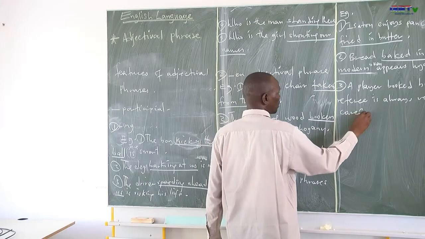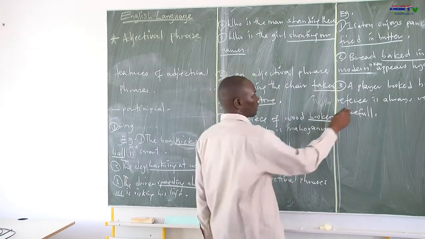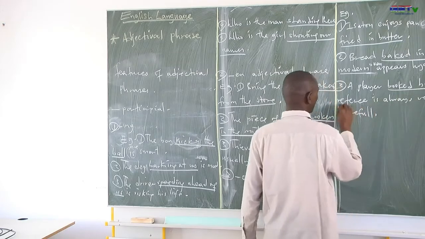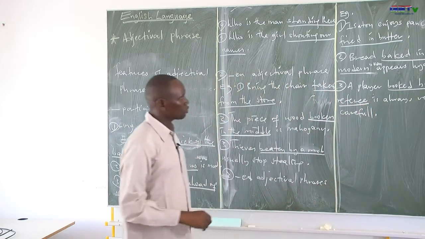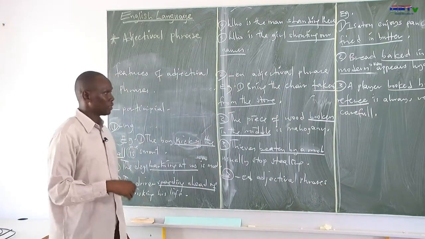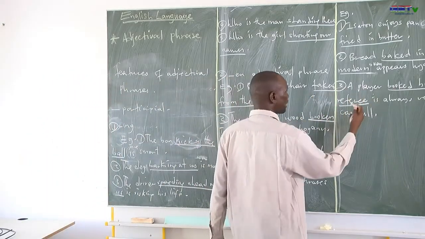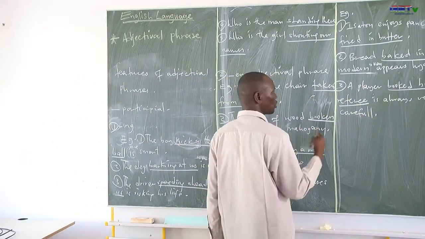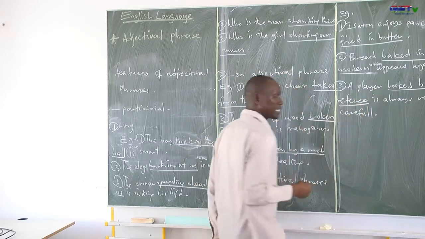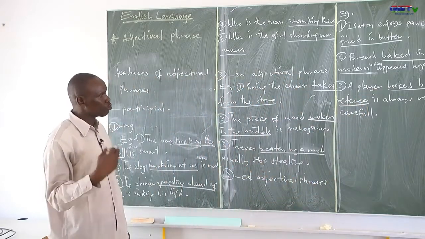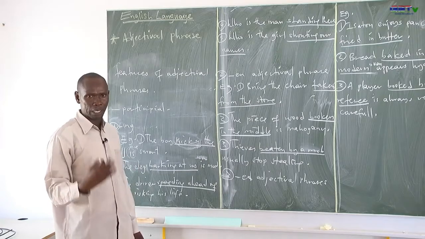Now, booked by a referee is underlined here. So this is also an ed adjectival phrase. So here it says a player booked by a referee is always very careful. So this booked by a referee is an adjectival phrase and it qualifies the noun player.